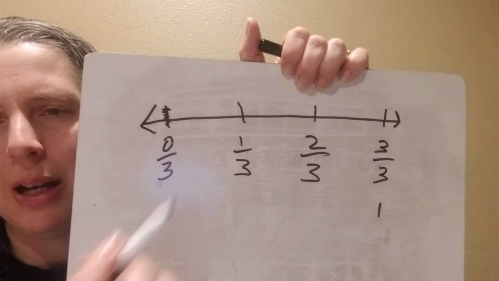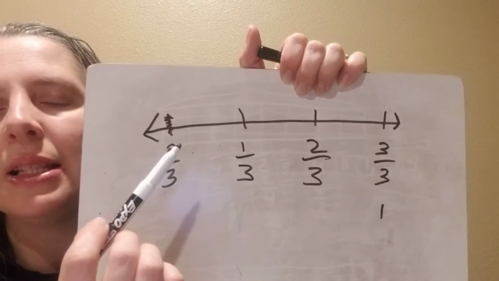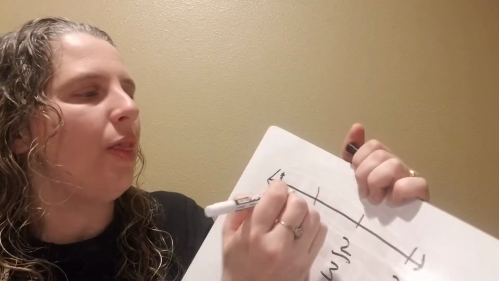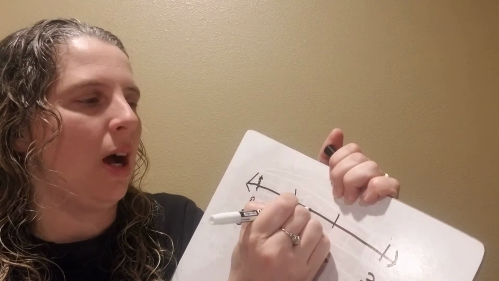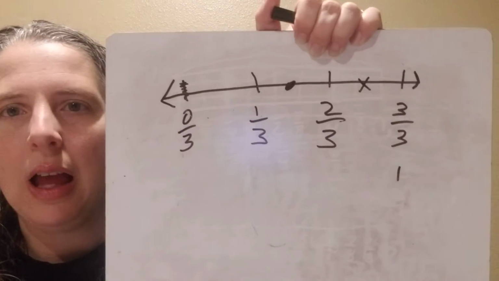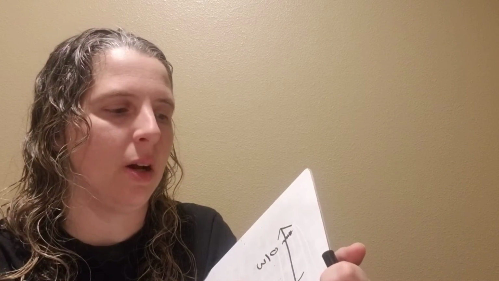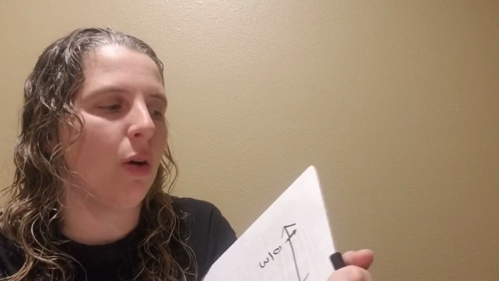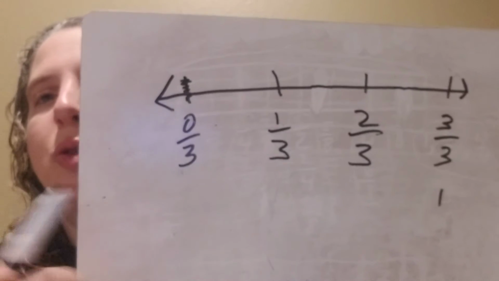The only reason I wouldn't put an X is that a lot of times on a number line, they'll either put a dot like this or an X and want you to tell what that spot on a number line is. Okay? So I just don't want you to get confused by that.